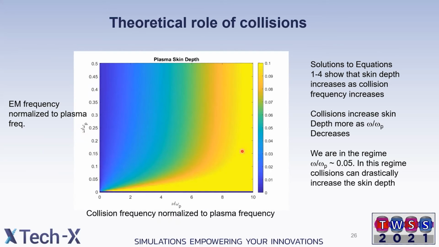And this is plasma skin depth. So this is better, more penetration over here. This is less penetration down here. And you can see that as the collision frequency increases, the penetration depth increases.